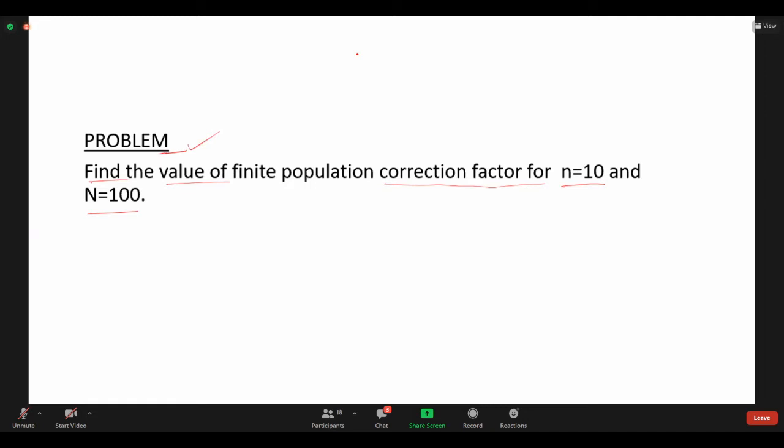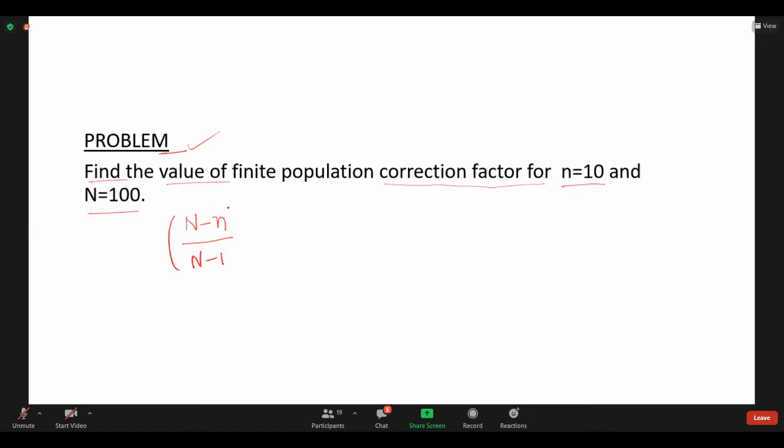Tell me, what is the correction factor? Very good. What is the correction factor formula? Capital N minus small n by capital N minus 1.